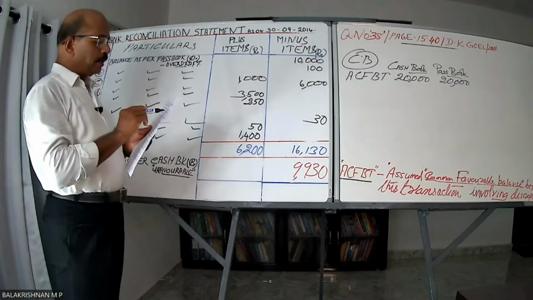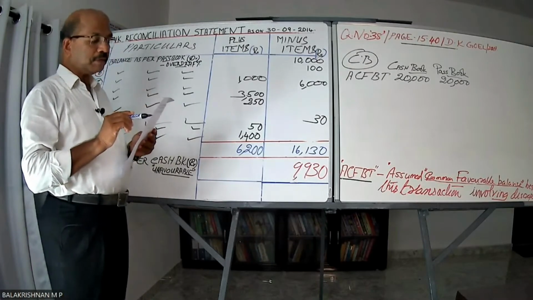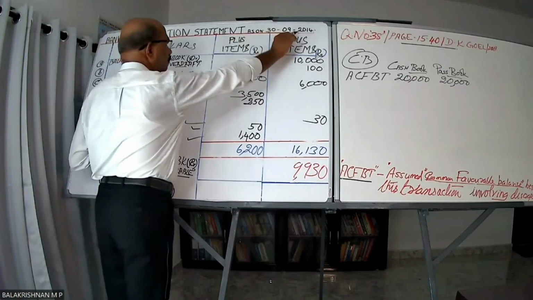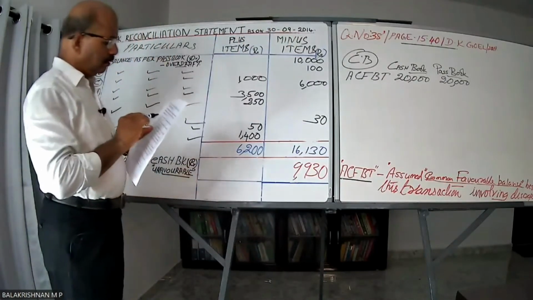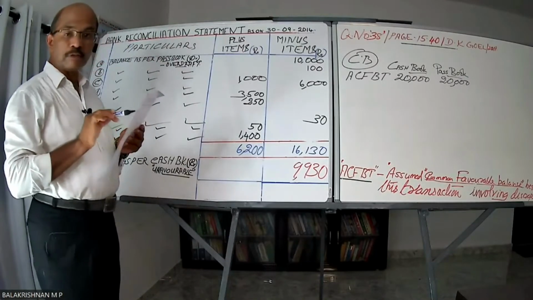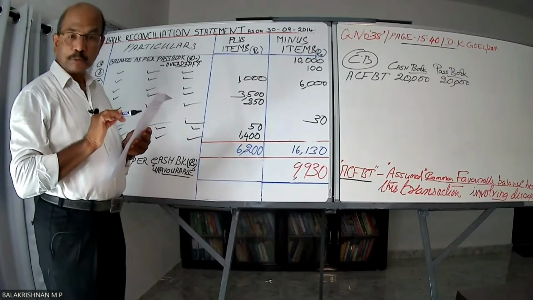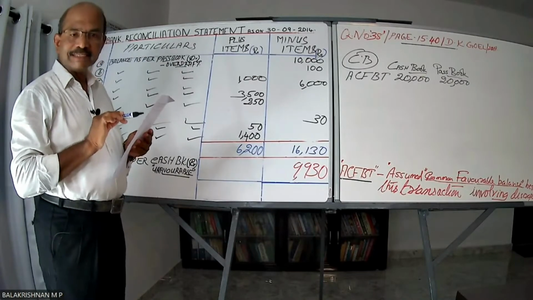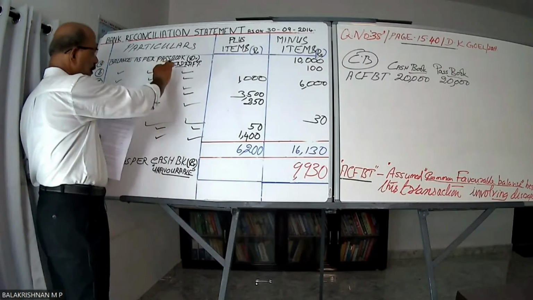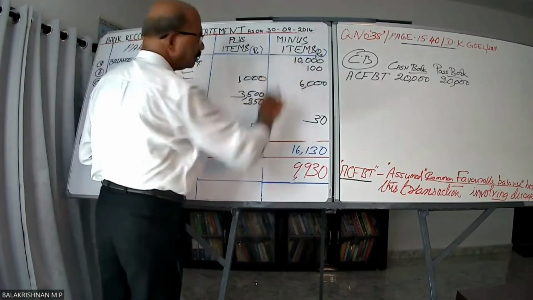From the following particulars, prepare a bank reconciliation statement of Alpha Electronic Motor Private Limited as on 30th September 2014. A. Overdraft on 30th September 2014 as per passbook rupees 10,000. So they have clearly given it's a case of overdraft. We write here overdraft as per passbook 10,000.